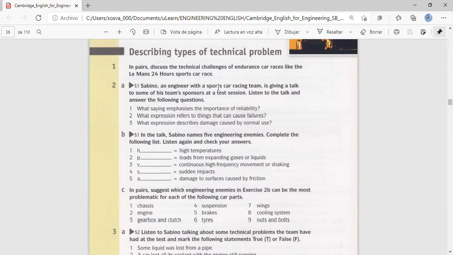Well, I think the engineers should concentrate on technical problems, or try to avoid technical problems in the cars.